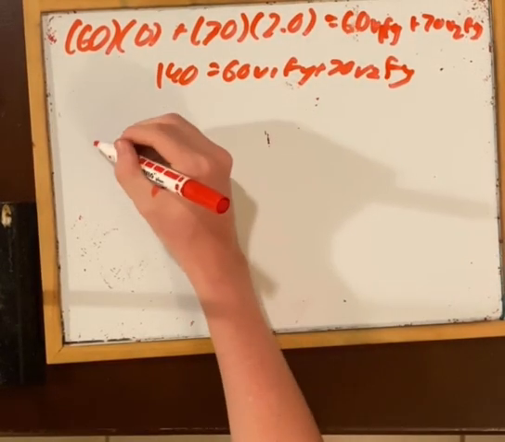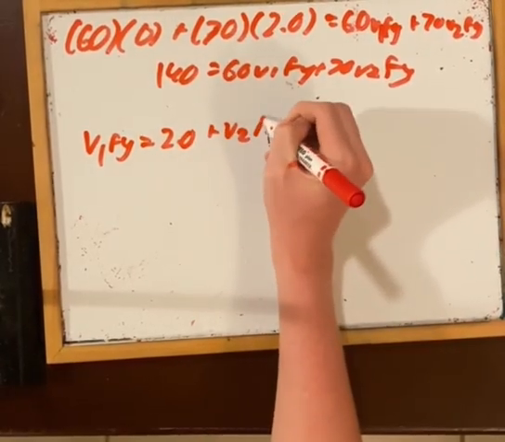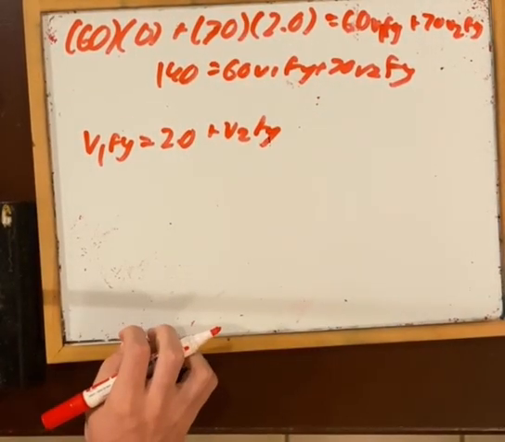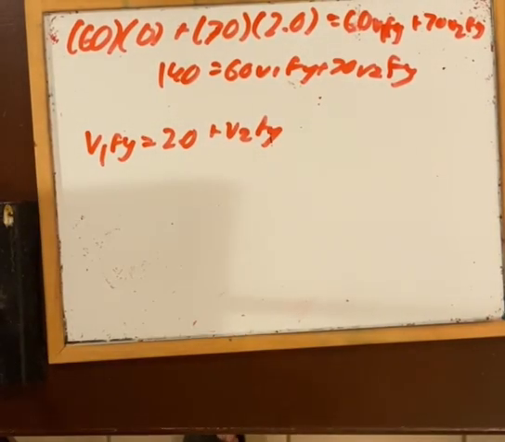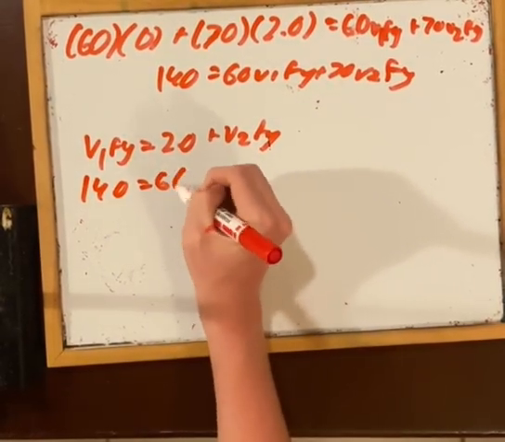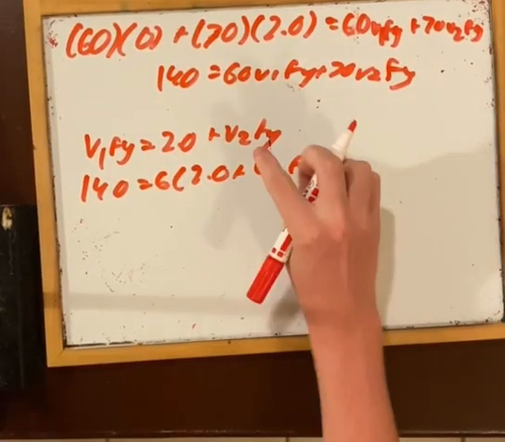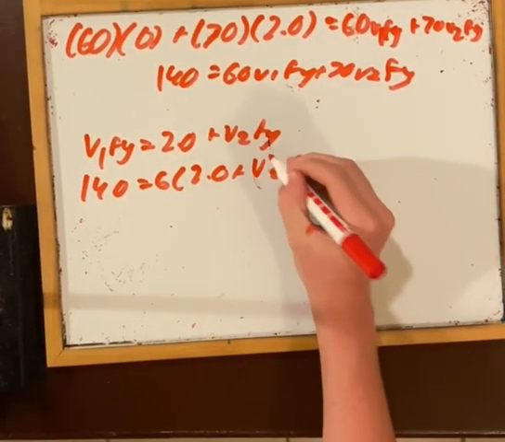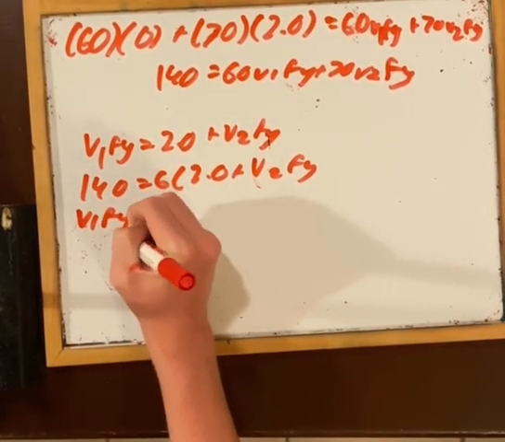Now we substitute again. We do v1f of y equals 2.0 plus v2f of y. Check something quick in my notebook. Okay, after that we do 140 equals 60 times 2.0 plus v2f of y.